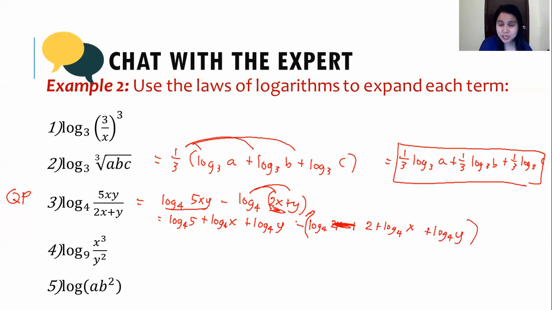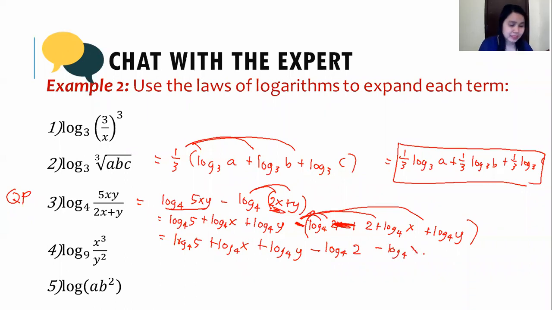But since it's a division and there's a subtraction sign, you need to distribute the subtraction sign to all. So it now becomes log base 4 of 5 plus log base 4 of x plus log base 4 of y, minus log base 4 of 2, minus log base 4 of x, then the last, minus log base 4 of y.